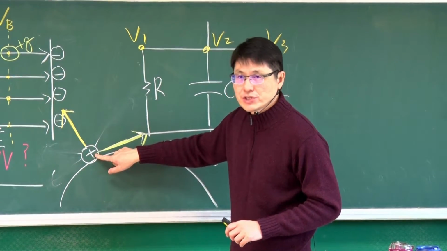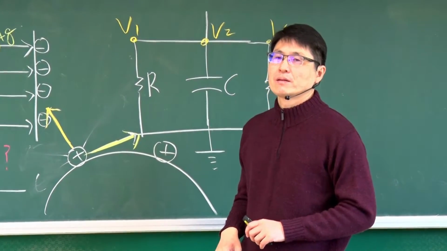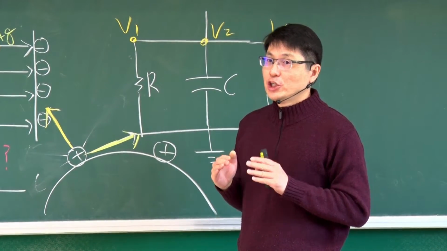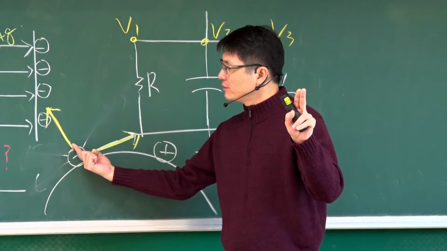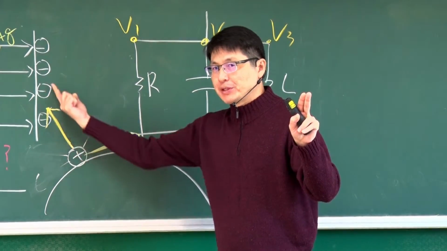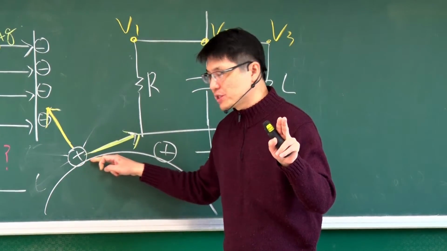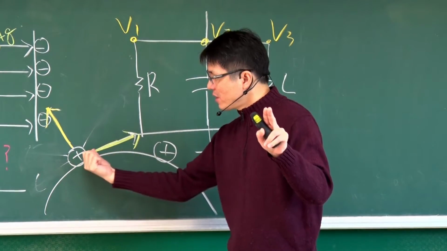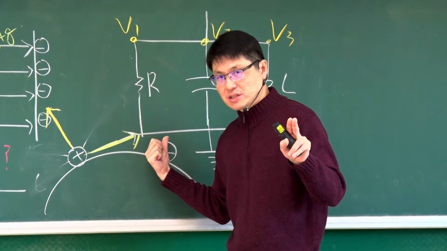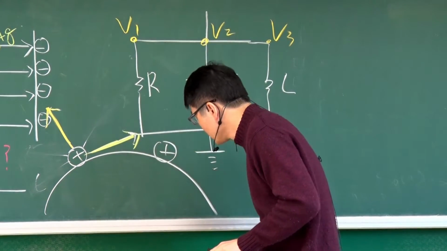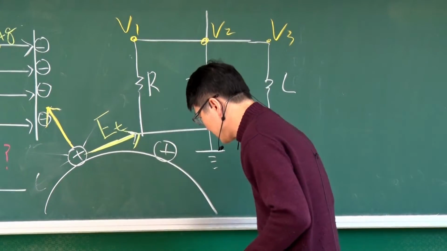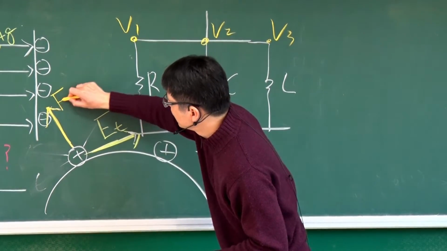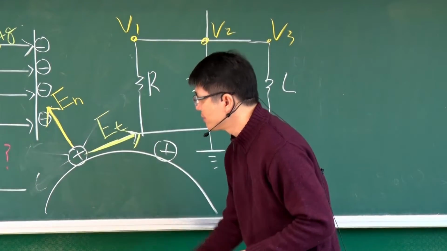I have a single charge here. Let's take a look at the two extreme cases where one of the field lines is perpendicular to the metallic surface. The other one is tangent. Okay, so let me just write it. E tangent for this guy, and E normal for this guy.